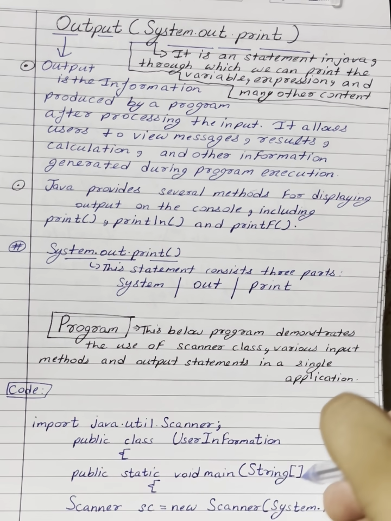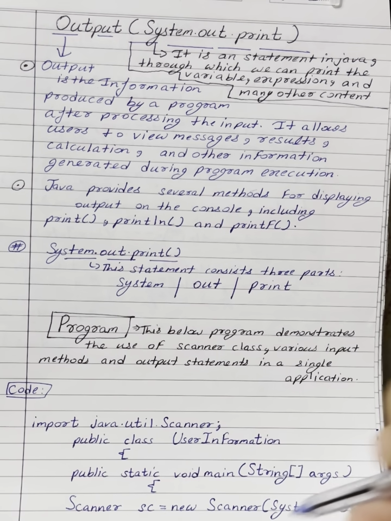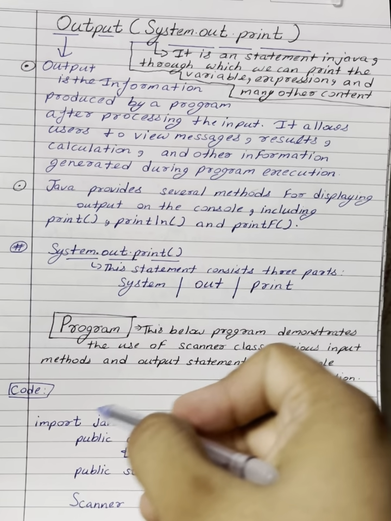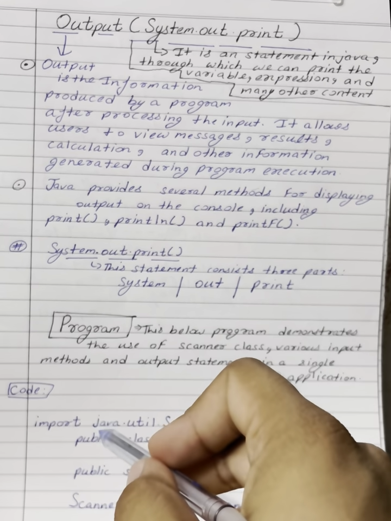Now let's understand all those things with a simple Java program. First see the program, and I will explain the full code together. As we know about java.util.Scanner, I don't need to explain it again.